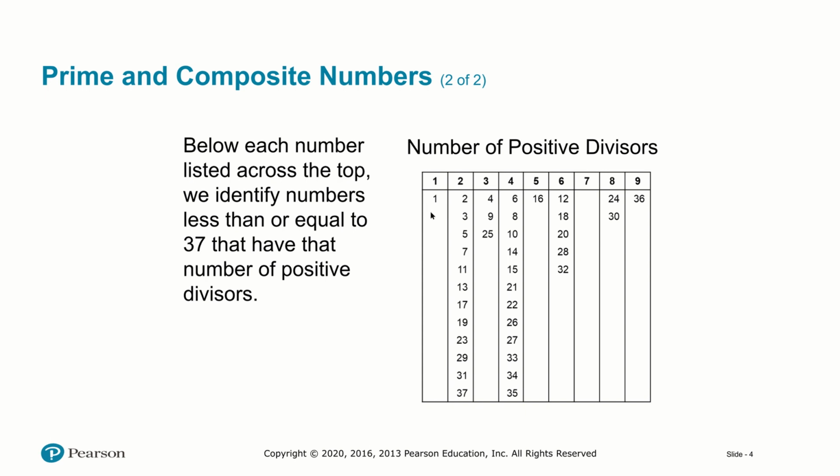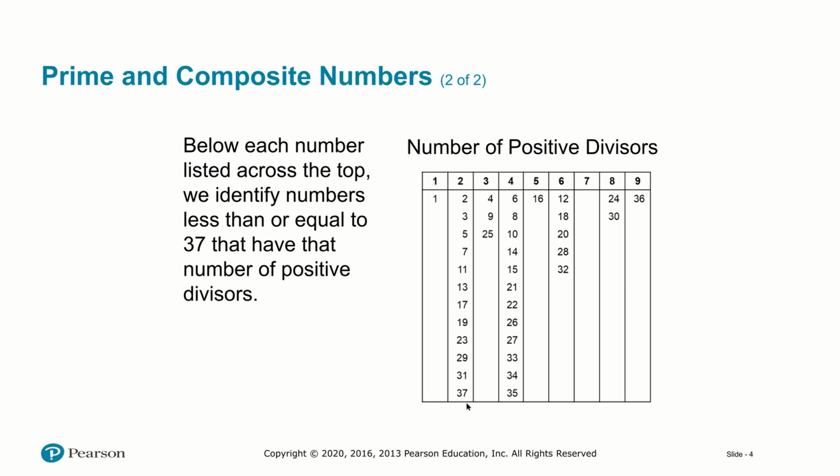Basically, I should say between 0 and 38, so including 1 and 37, but not 0 and 38. So these are the number of positive divisors for the numbers listed below. So there's only one number less than or equal to 37 that has only one divisor, and that's only 1.